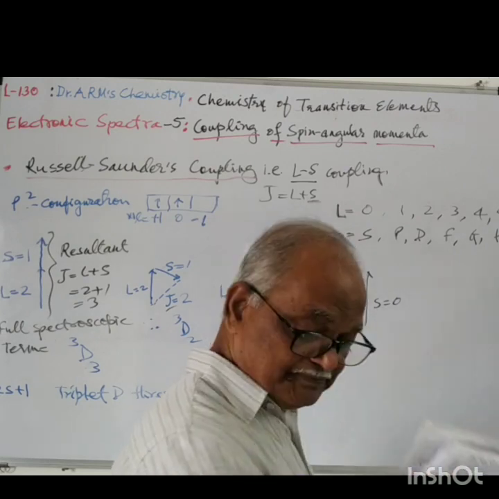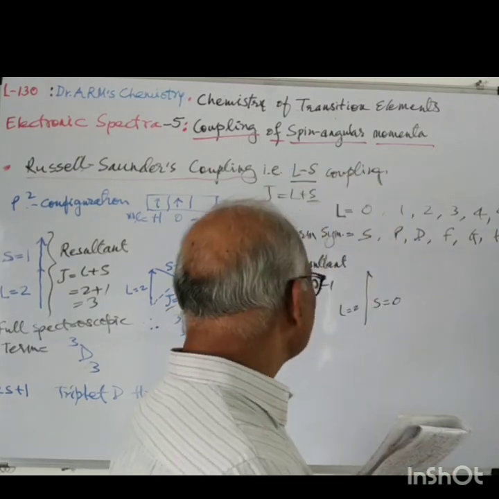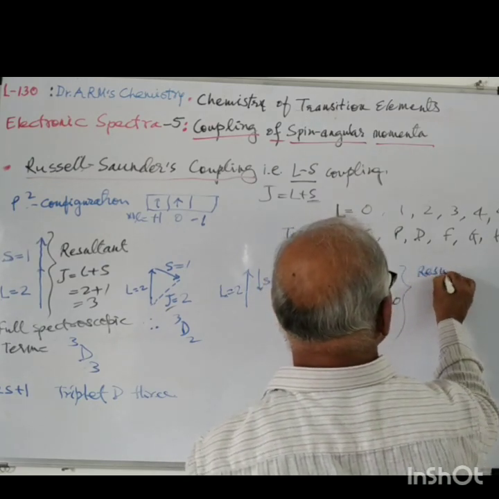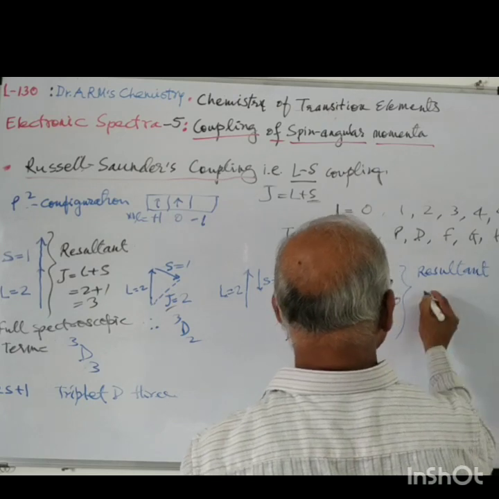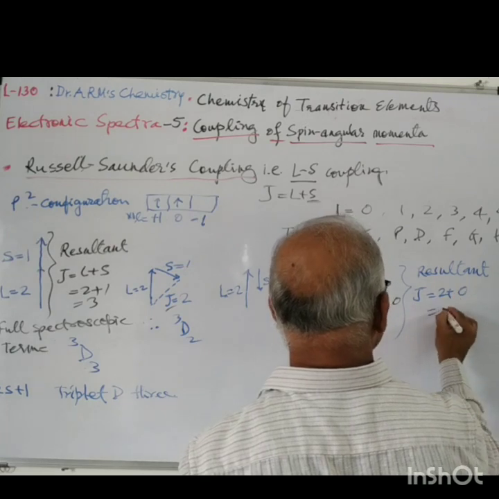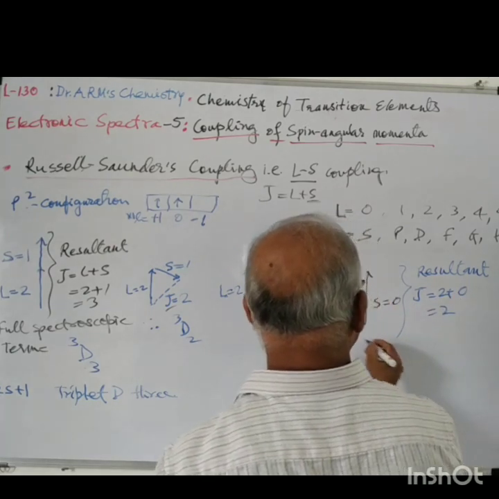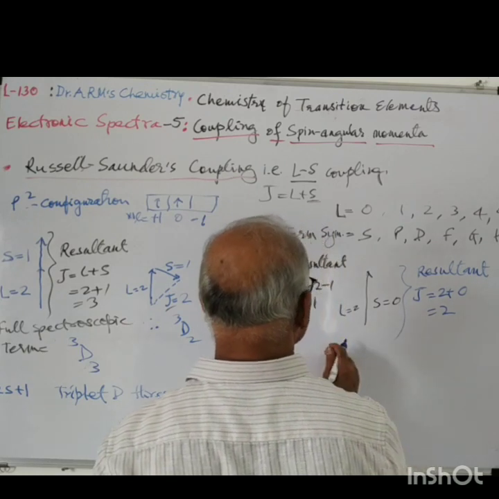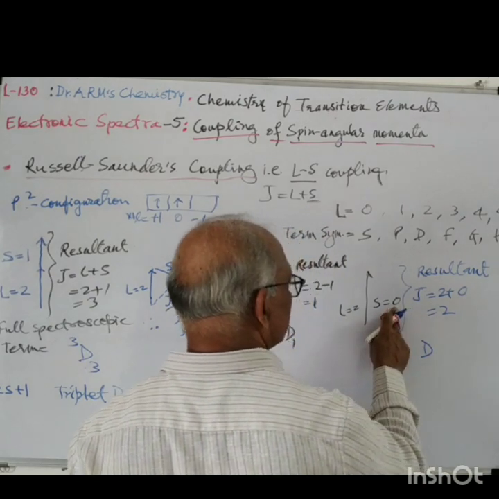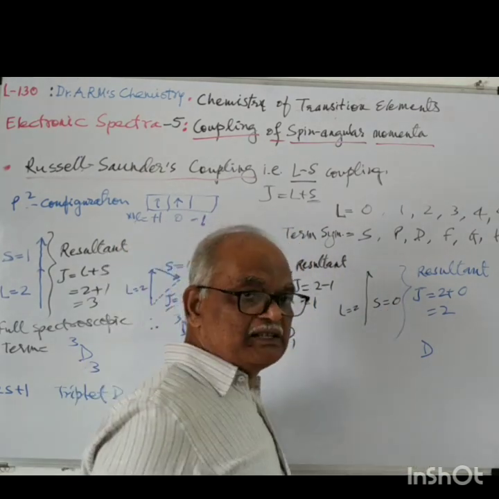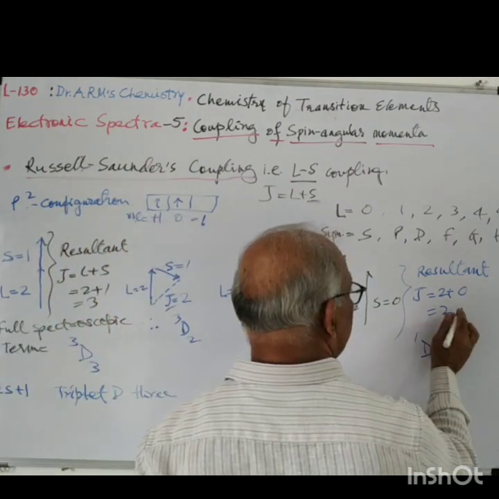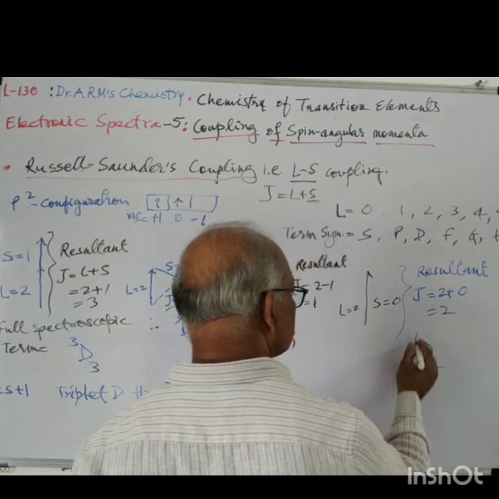So for this case, the resultant J is 2 plus 0, equal to 2, and for L is equal to 2, the term symbol is same, that is D. The total spin is S equal to 0. Therefore, 2S plus 1 is 1 and J is 2. So it is called a singlet.